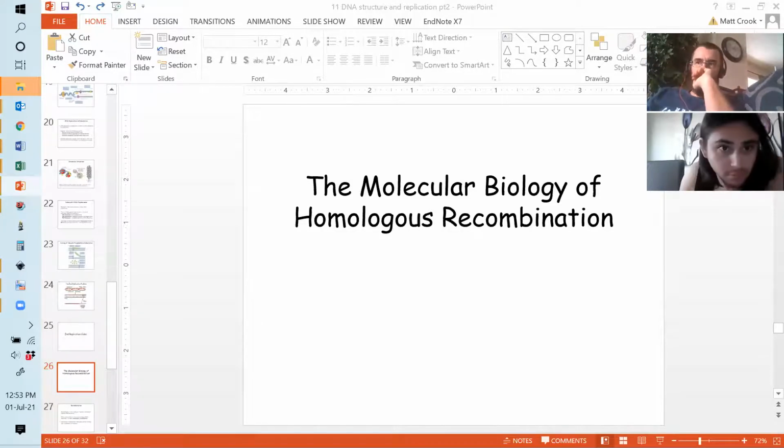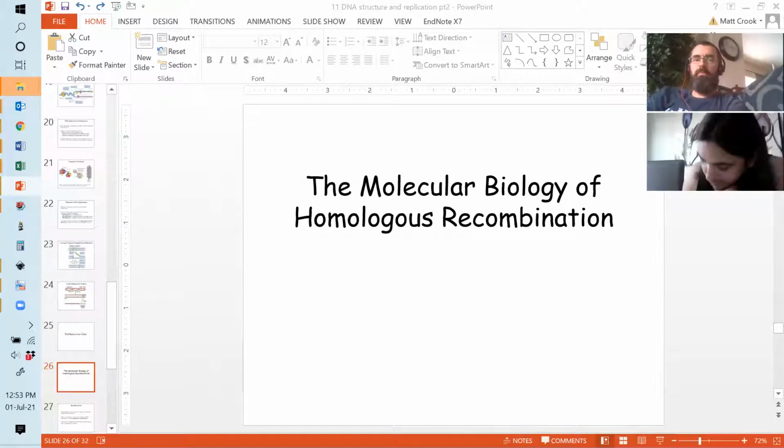Okay, so homologous recombination is generally something that we're concerned about with regards to meiosis. It occurs in prophase 1. So this is what generates the recombinants, the new combinations of alleles in the gametes that didn't exist in the parents of that individual.